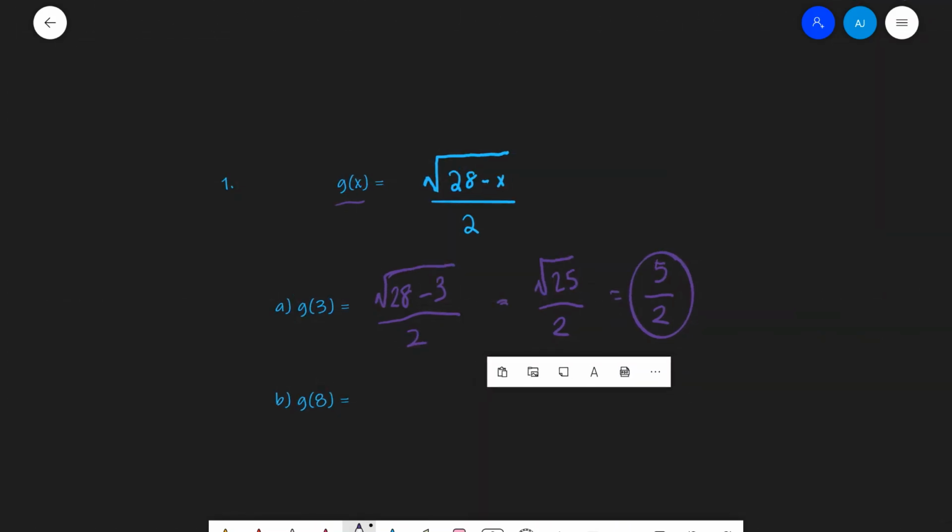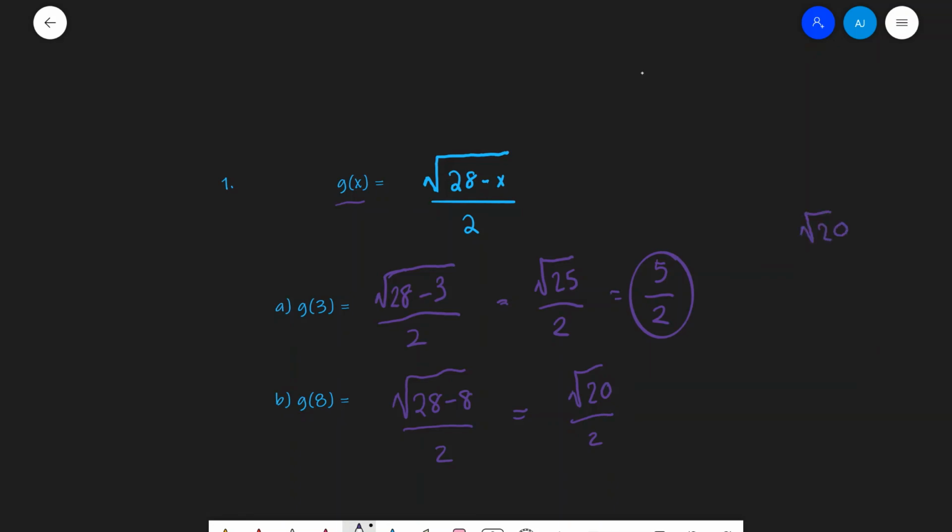Now, as for g of 8, you would substitute 8 into x in the function, and this would result in square root of 28 minus 8 over 2. And that is equal to square root of 20 over 2. And if we want to factorize the square root of 20, let's just do that on the side.